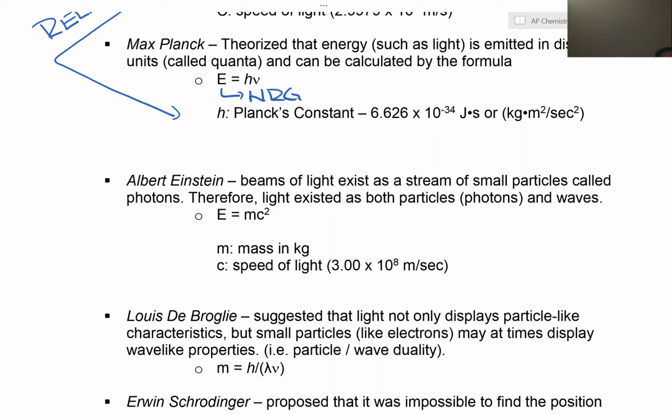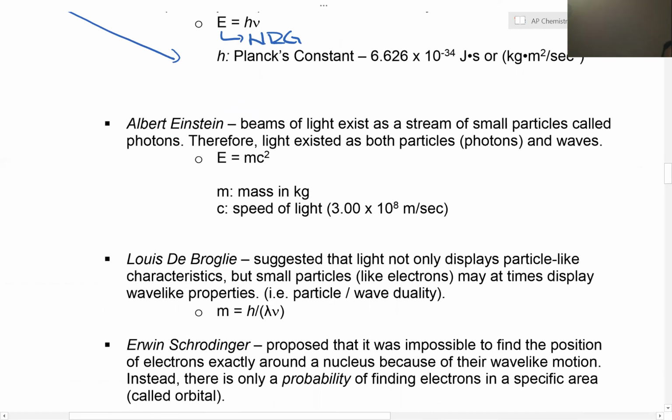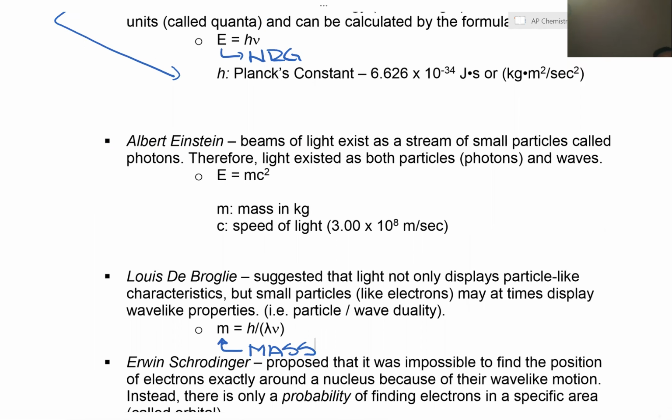Louis de Broglie suggested that light not only displayed particle-like characteristics, but small particles like electrons may at times display wave-like properties. It's called the particle-wave duality. So these were all theories, and these theories put together came up with this idea of the wave mechanical model. For de Broglie, the wavelength is equal to h, which is Planck's constant, divided by the mass and velocity.